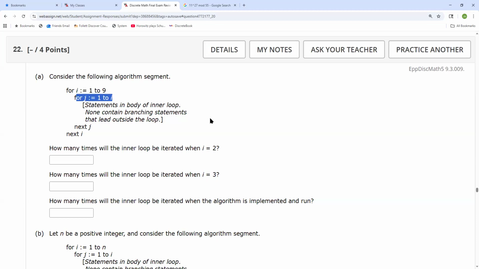Twice, because it goes for j equals 1 to I, so it'll go 1 to 2. So it'll happen once and then the second time too. How many times will the inner loop be iterated when I equals 3? It goes from 1 through I, so it'll go 1, 2, and then 3 times.